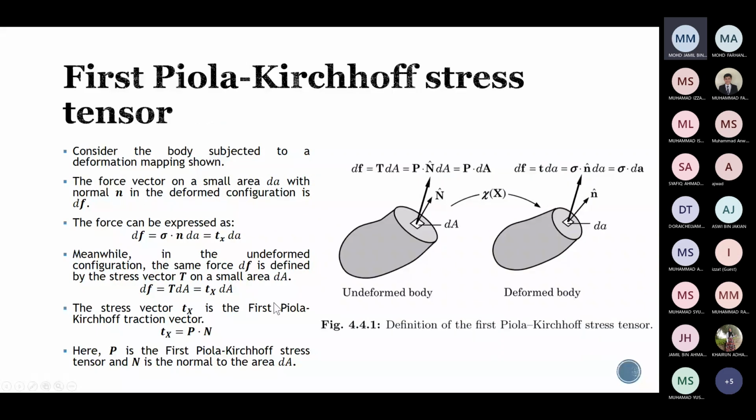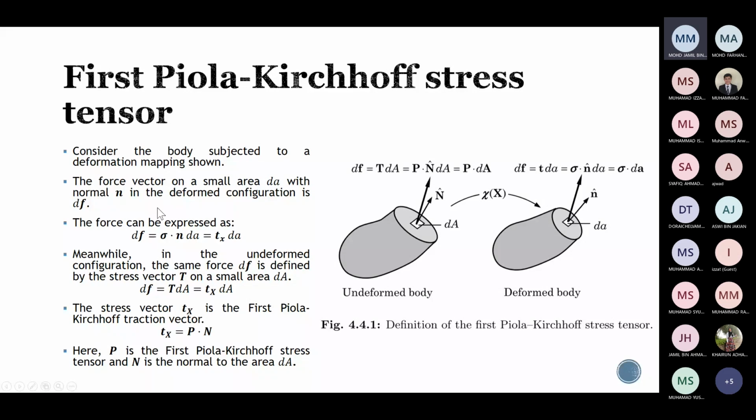So the first stress tensor is known as the first Piola-Kirchhoff. Here, the first figure is the undeformed body, and the second is the deformed body. We use big letters to represent the undeformed body and small letters to represent the deformed body.